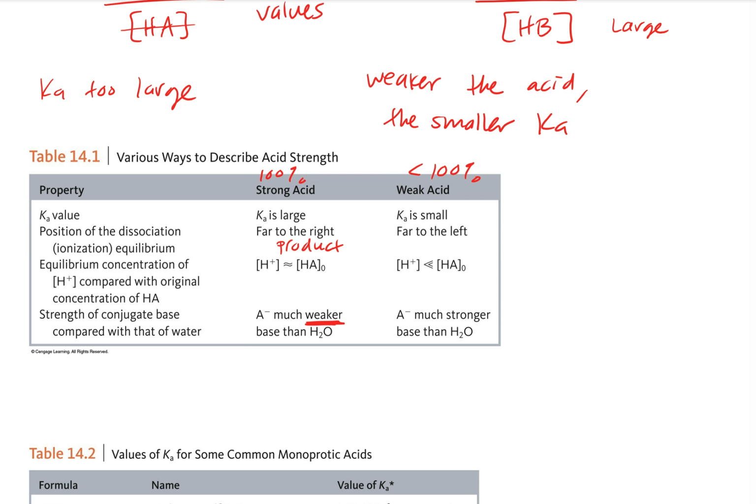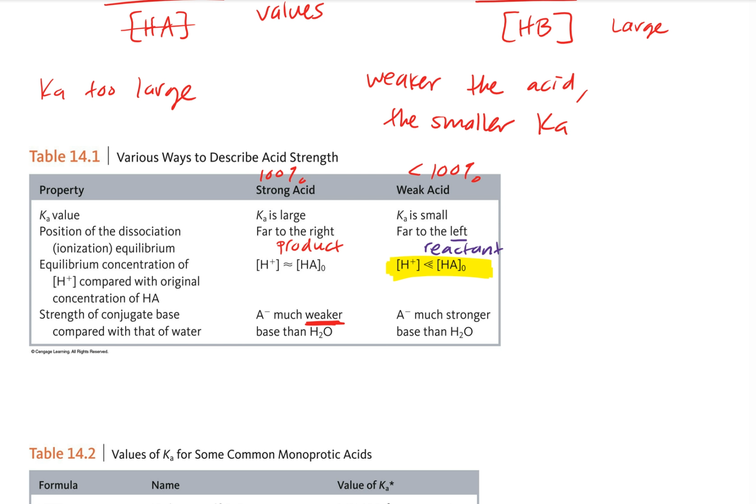Versus a weak acid, Ka is going to be really small. For a weak acid, it lies far to the left in its equilibrium position. Left-hand side of that arrow means we're going to have lots of reactants. And the concentration of hydrogen is much less than the initial concentration of the weak acid. That's super important when we get to pH calculations of weak acids.